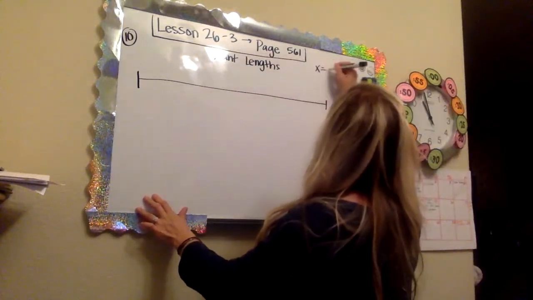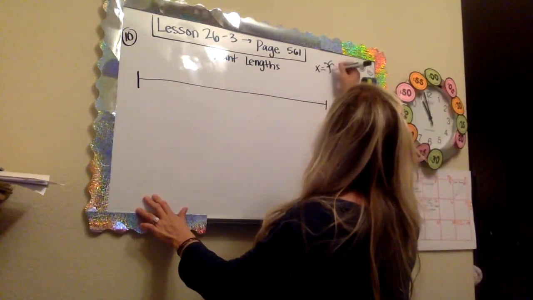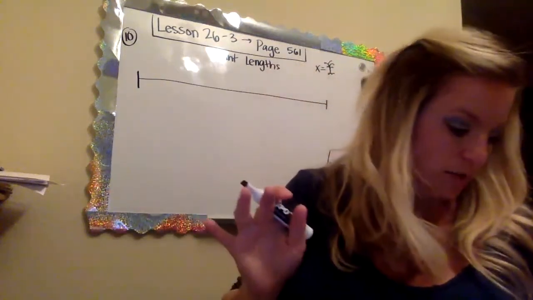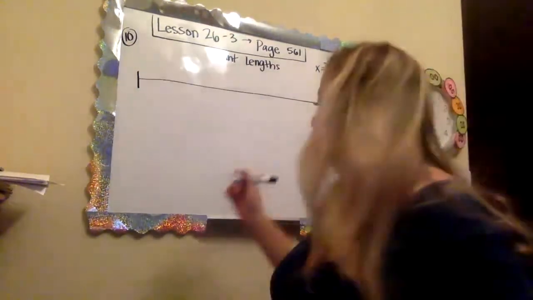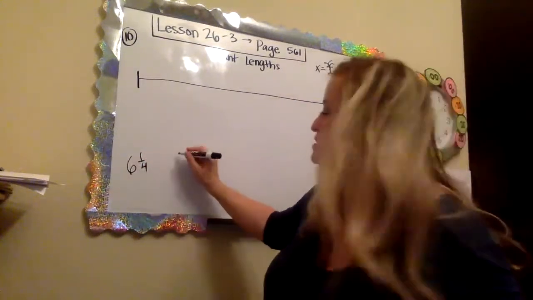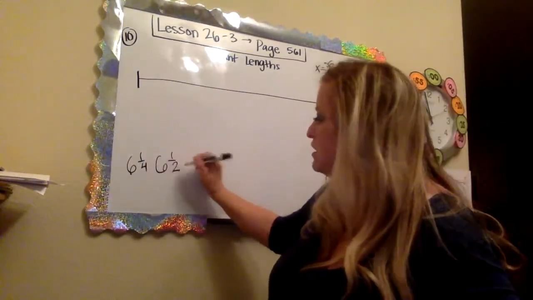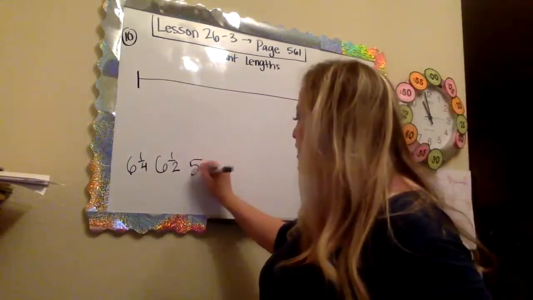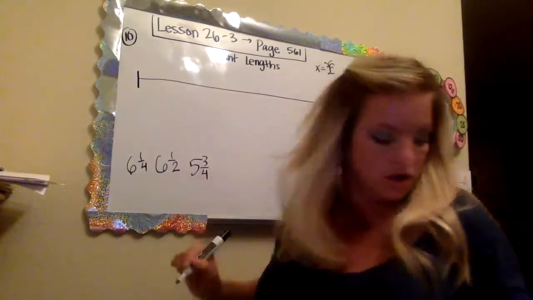And X equals one little plant, I guess. But I have 8 data points, so I know I'm going to need 8 X's. So I have 6 1/4, 6 1/2. So I can already tell that I'm going to need at least 1/4 inches as my scale. 5 3/4, 5 more to go.